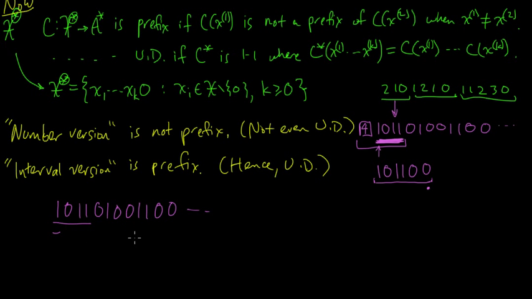So do you do this and then there's something else following? Or maybe you do 1 0. Is the first thing 1? Is it 1 0? Is it 1 0 1? Is it 1 0 1 1? Or maybe something longer? You don't know. And the reason why you don't know is because pretty much any binary sequence is a valid encoding in the number version. So why is that?